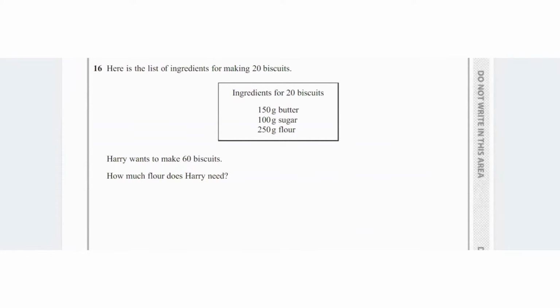Question 16 says, here is the list of ingredients for making 20 biscuits. We use 150 grams of butter, 100 grams of sugar, and 250 grams of flour. Harry wants to make 60 biscuits, and this recipe is for 20 biscuits. How much flour does Harry need? So for 20 biscuits, Harry requires 250 grams of flour.